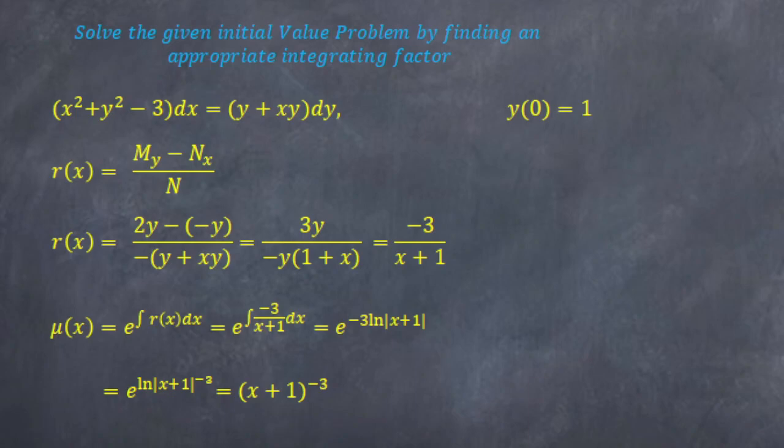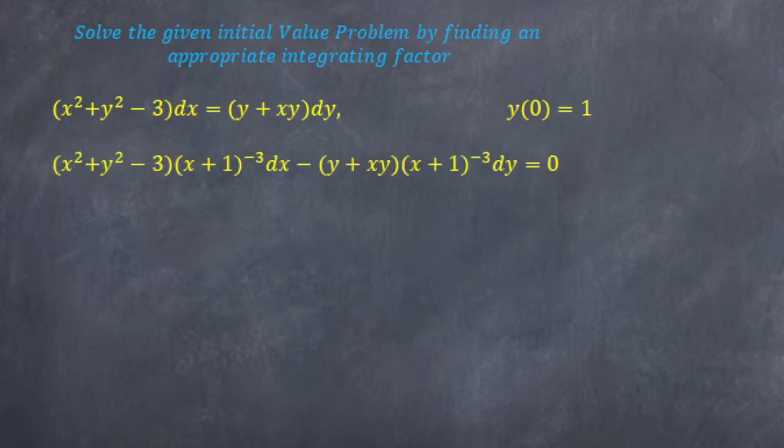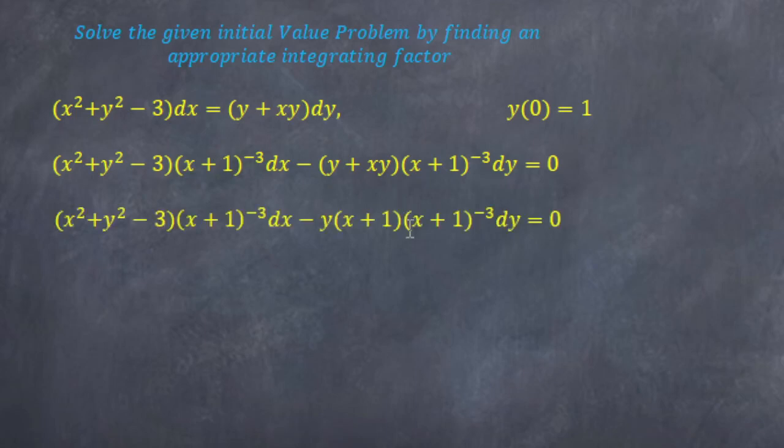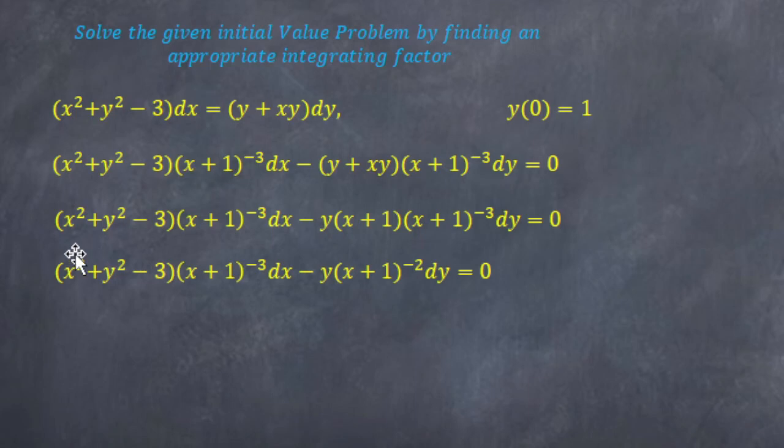Now, after we found our integrating factor, let's multiply that to our original differential equation: (x plus 1) to the negative 3 is our integrating factor, and we're multiplying that to our DE. We can simplify this further so that we have our new M here as this one and our new N here as this one.